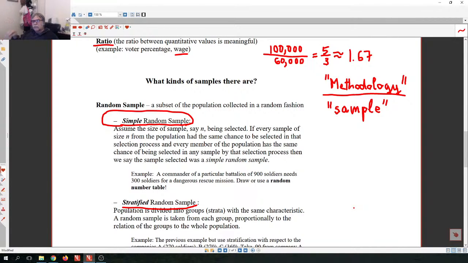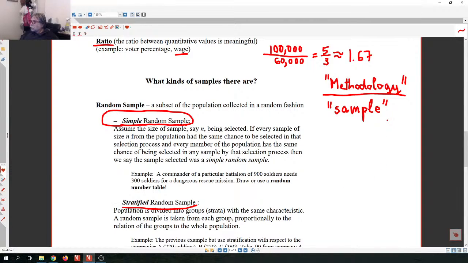Any 300 would have the same chance to be in your sample as any other 300. If you can vouch for that, and that's really the way of a lottery, you can call what you have at the end a simple random sample. So that's the methodology we would expect to get something that is the closest to a representative population.